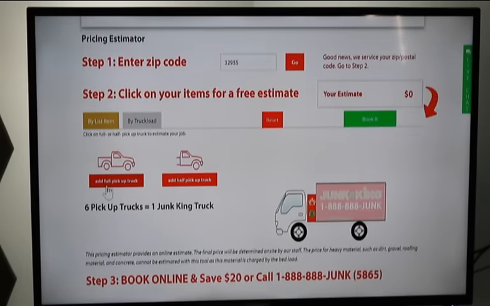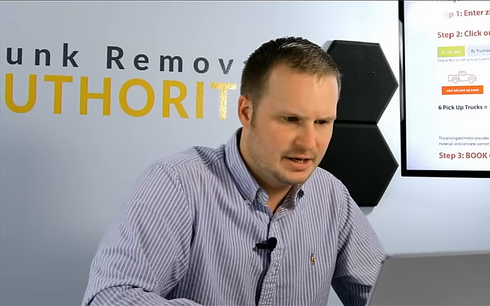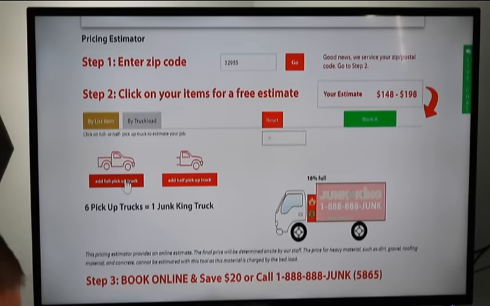Okay, so Junk King's minimum charge in this particular market is $88. It says 88 to 148, so we're going to go with their minimum is 88, which is low. I tell you one thing Junk King does, they definitely do a little bit of bait and switch, because they show prices a lot cheaper online than what they actually get. All right, so then let's add in 6 pickup truck loads.